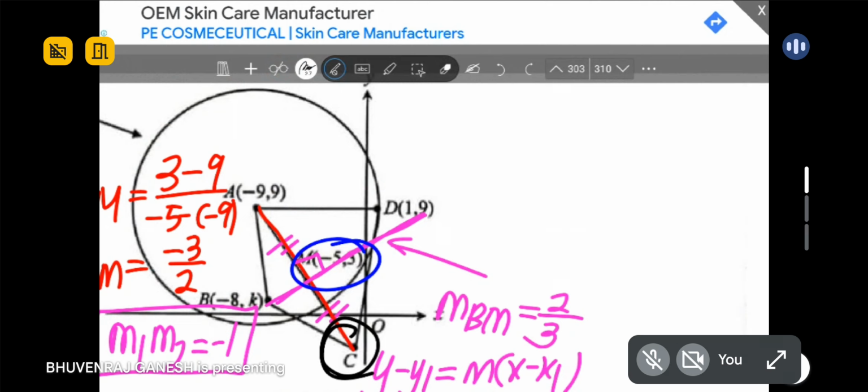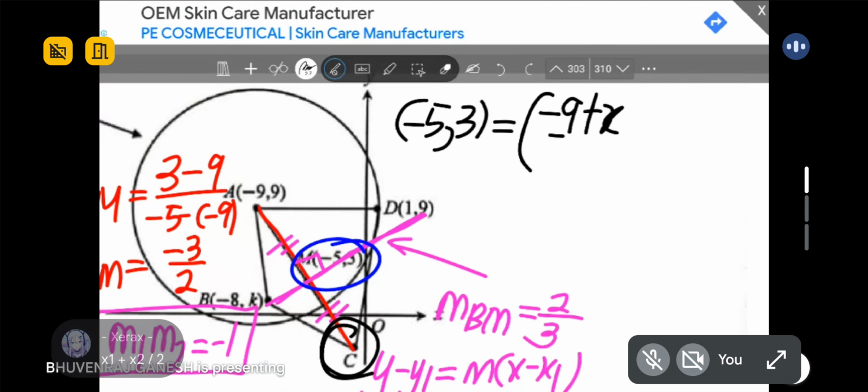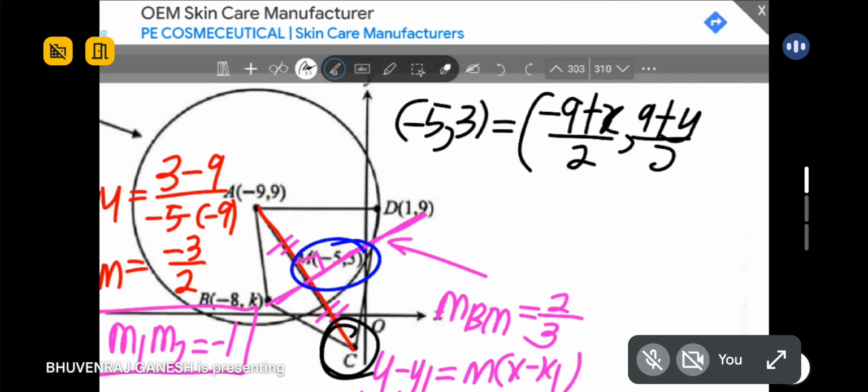So, what formula? Come on. Kena guna rumus apa? Can you all comment? Just type for me a bit. Yes, midpoint formula, right? So, negative 5, 3 equal to x1 plus x2 over 2, y1 plus y2 over 2.